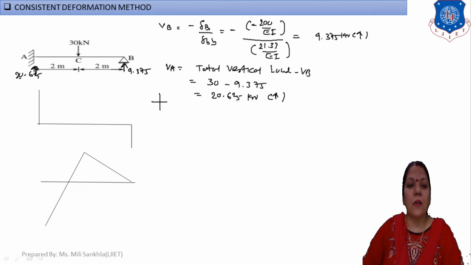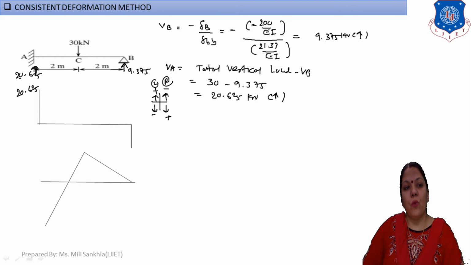This is the sign convention: upward plus, downward minus. This is our left side, this is our right side. Now the support on the left-hand side is up, so go up, and this is the point 20.625. Now from A to C it is constant, and after the 30 load, 20.625 minus 30 is equal to minus 9.375.